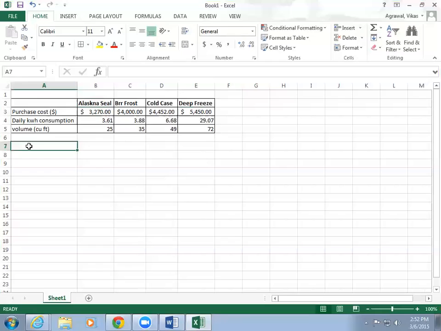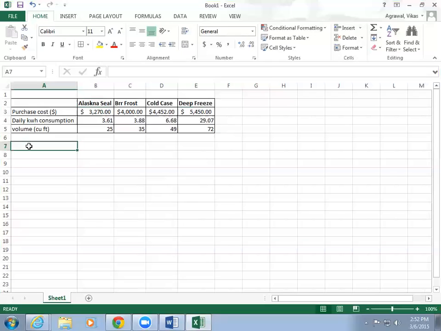So for the first one, what is the cubic feet given to us? 25, right? So that's the output divided by the inputs. We have to consider the purchasing cost, plus what else?